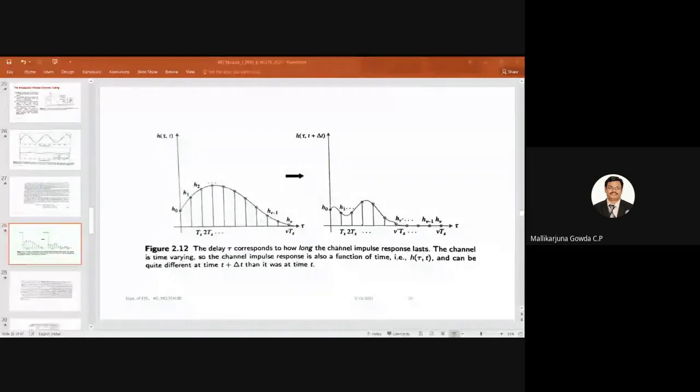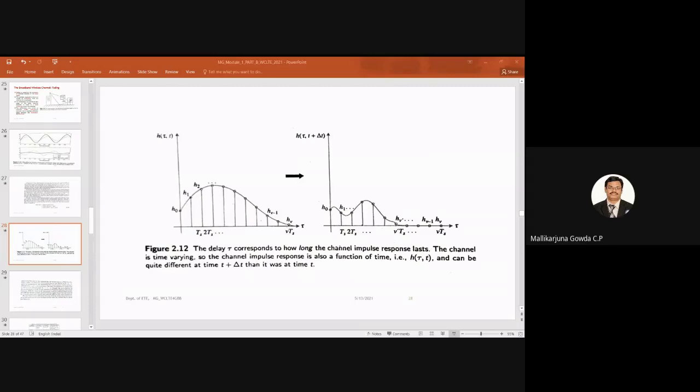So the magnitude of h0 is different, and likewise h1, h2 and so on, at different values of Ts, 2Ts, 3Ts and so on. As time changes, there is a change in the impulse response of the channel also.